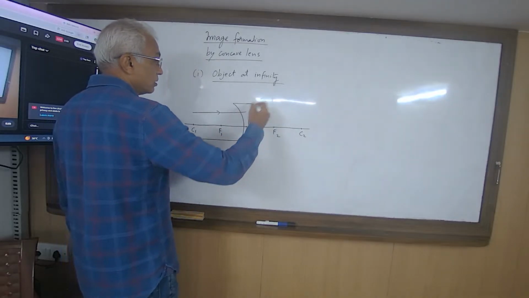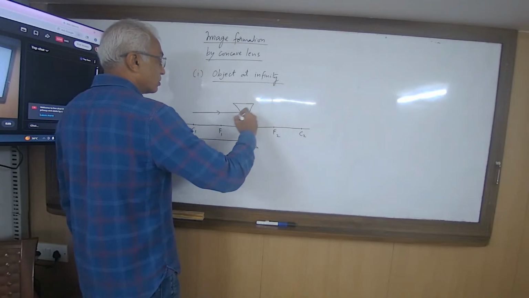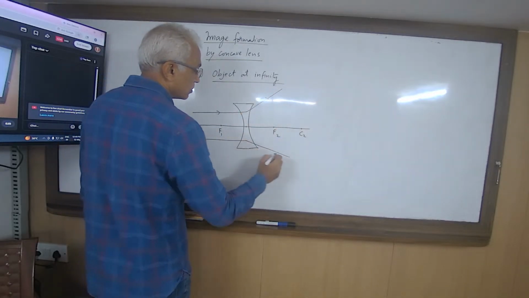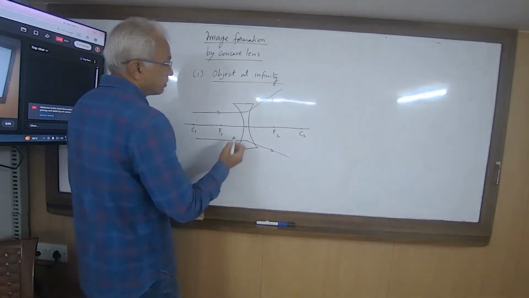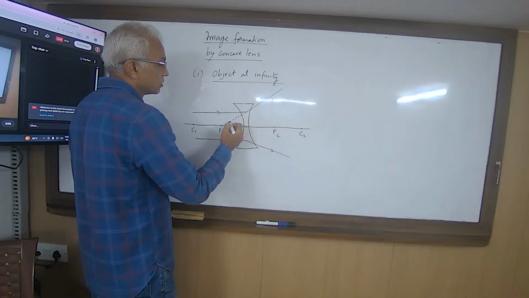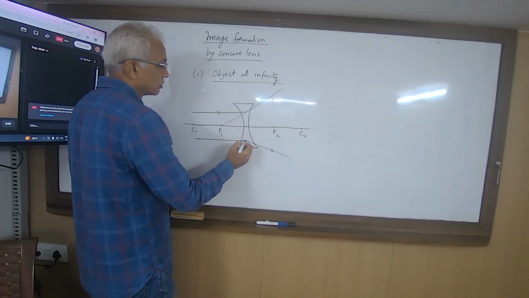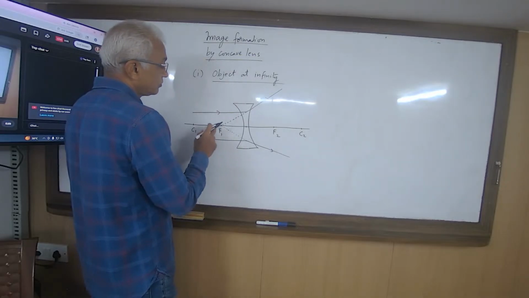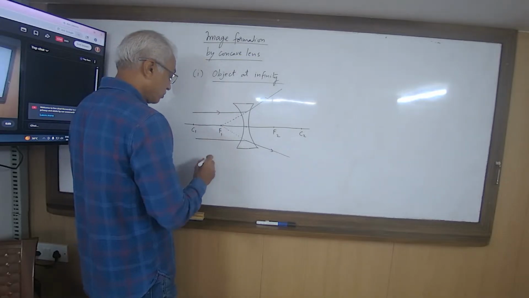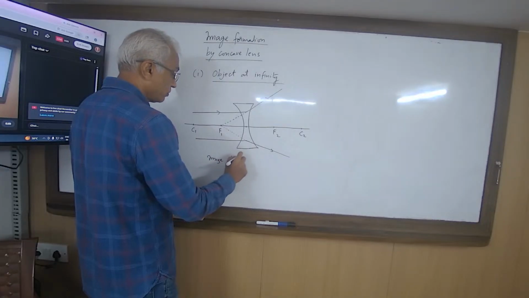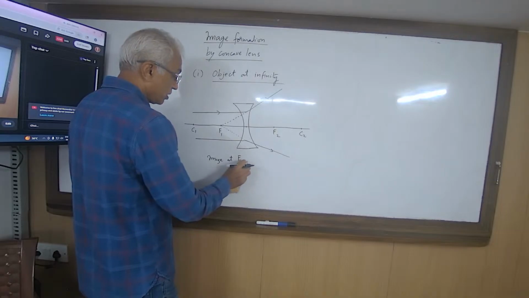Since this is diverging, it will diverge away from focus. Once the rays are diverged, they will be extended backwards. So now you have a virtual image forming at focus 1. So image at F1.